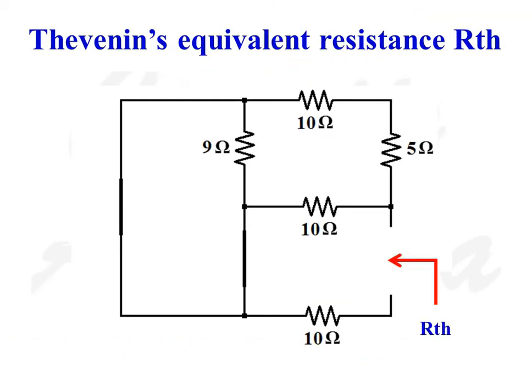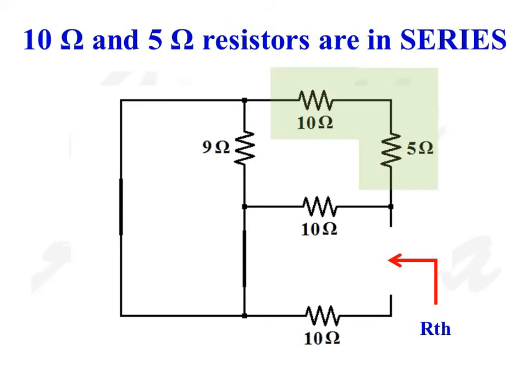After replacing the 3 volt and 4 volt independent voltage sources with their internal resistance, the network is redrawn as shown. In this network, 10 ohms and 5 ohms resistors are in series. So let us replace this series combination with a single resistance of value 15 ohms.